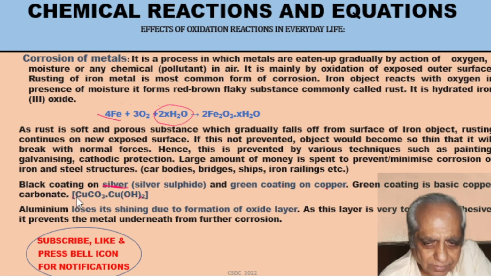Aluminium vessels, if you go to shop, you will find it shining, but when you use at home, you will find that its shining has gone because it has formed aluminium oxide. But in case of aluminium, good thing is that aluminium oxide adheres to the surface of aluminium. So we say it forms a protective layer.